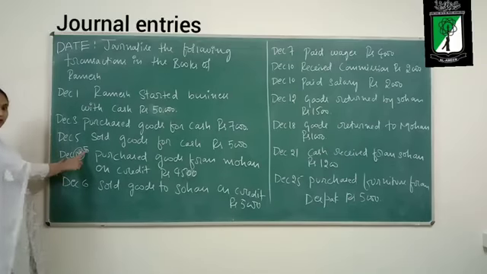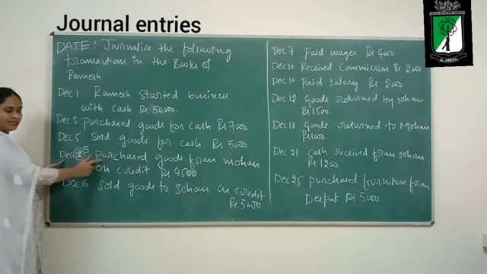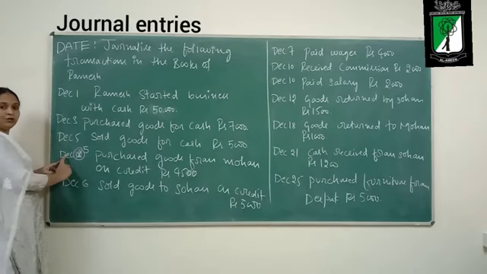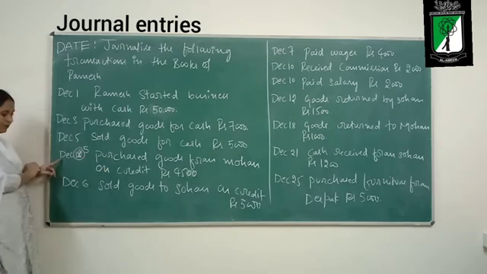December 5th. See, this transaction I had left in the previous question. In the last question which I had solved, I had left this transaction, so I want you to write it.